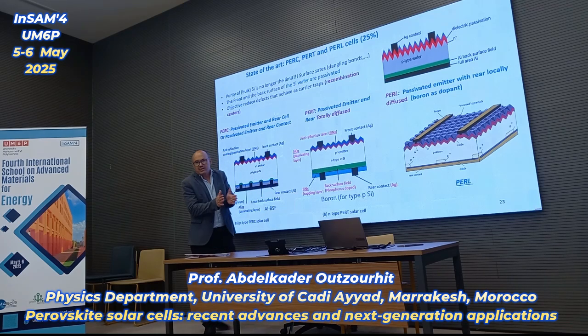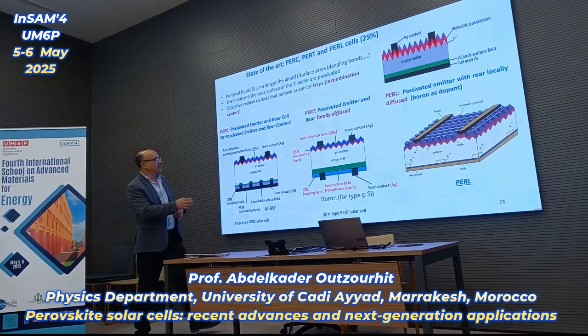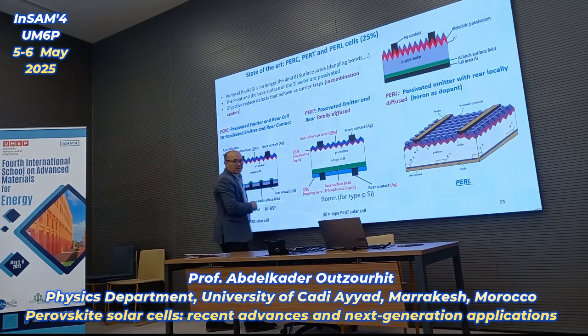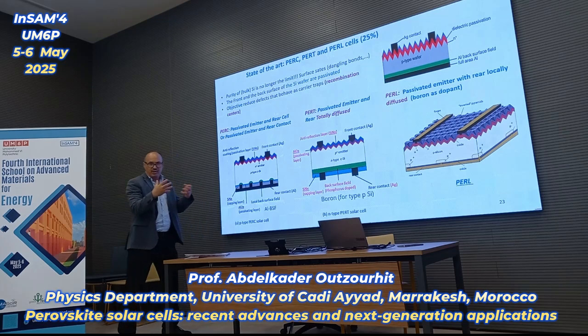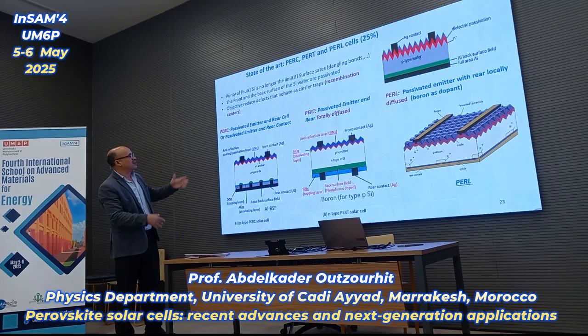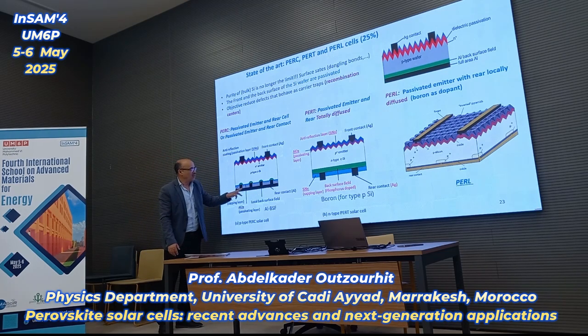Why do we use localized contacts? So that the contact area is not too big, so you wouldn't have a lot of defects. You passivate the back contact, and you passivate also the front contact in order to reduce recombination, or surface-induced recombination. And you make some local contacts.